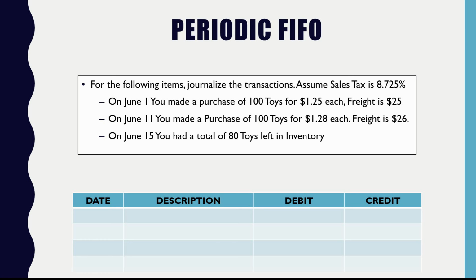So here on June 1st, you made a purchase of 100 toys at $1.25 with the freight costing you $25.